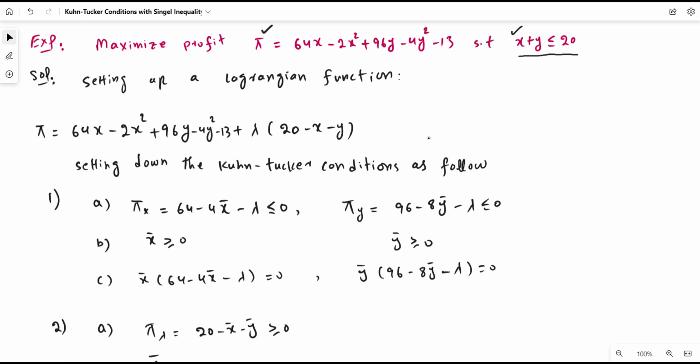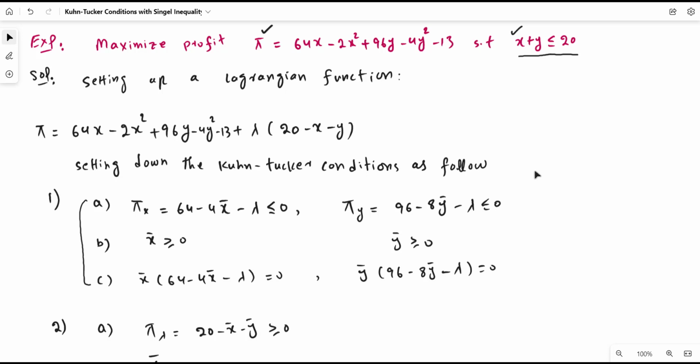So first of all, we would report the Kuhn-Tucker conditions as follows. The first half conditions are these three, and the second half conditions are the rest of the three conditions, right? These three conditions maximize the Lagrangian function with respect to the independent variables x and y, right?